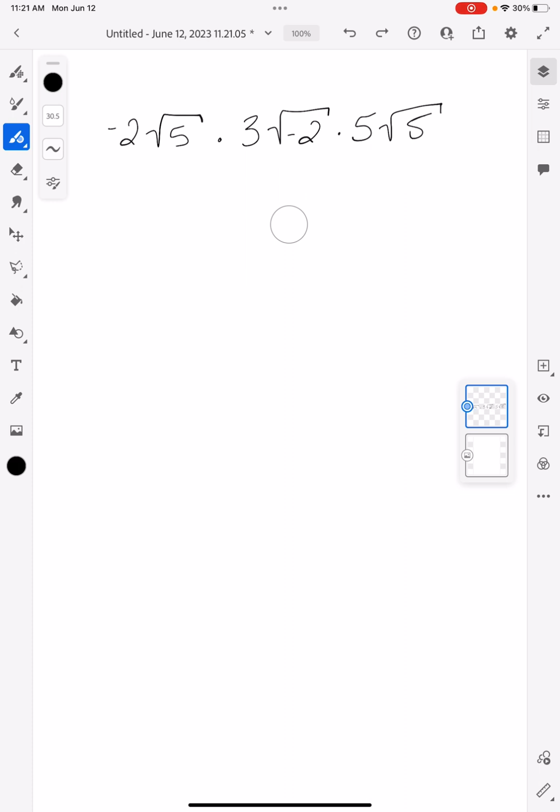So the first thing I'm going to do is, if you think about like terms, the -2, the 3, and the 5, those are all in front of the radical or the square root. So those are considered, quote, like terms.